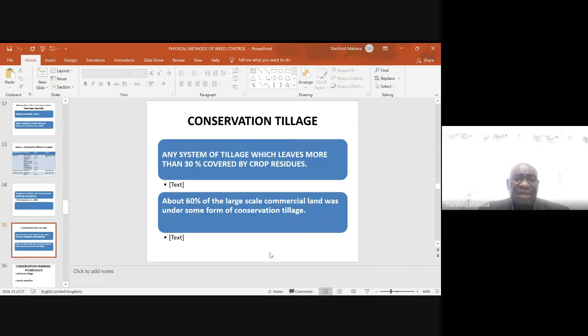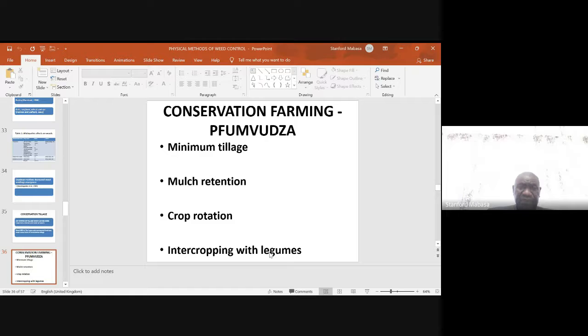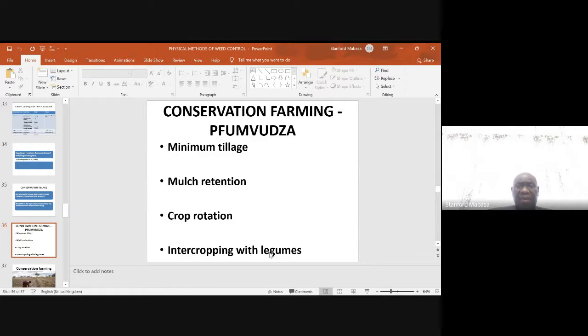About 60% of large-scale commercial land at some point was under a form of conservation tillage. Conservation farming or pfumvudza involves the following: minimum tillage, mulch retention, crop rotation, and intercropping with legumes.